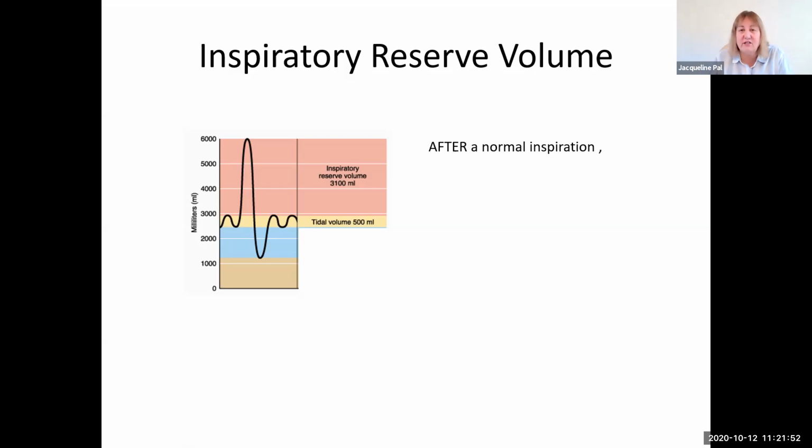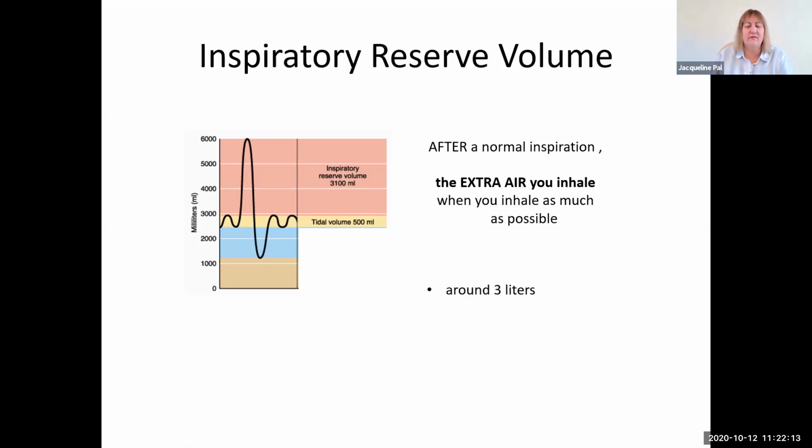So we do have this extra reserve volume called the inspiratory reserve volume, which by definition is after a normal inspiration, the extra air you inhale when you inhale as much as possible. And this is about an extra 3 liters of air. Could be slightly more, could be slightly less, depending on your size.